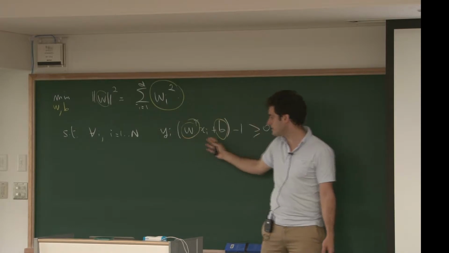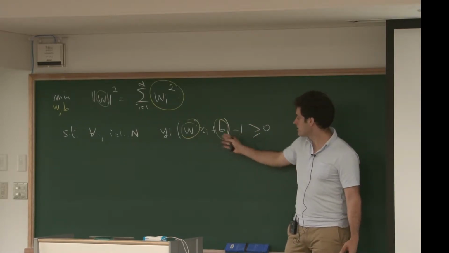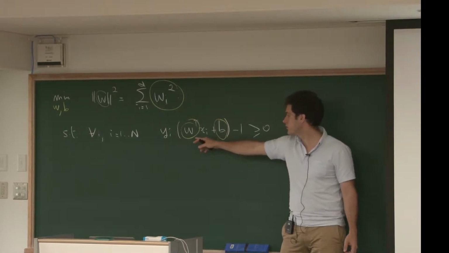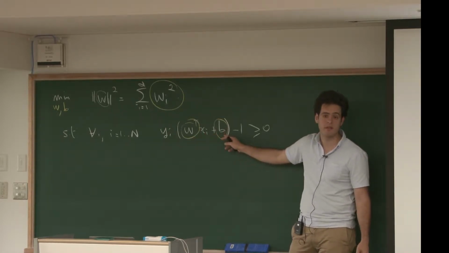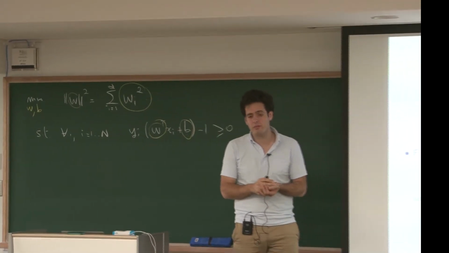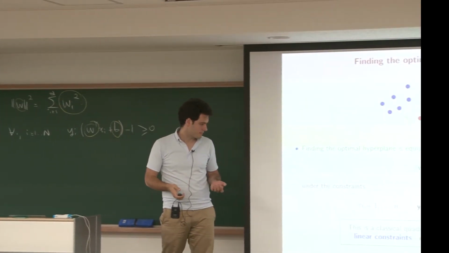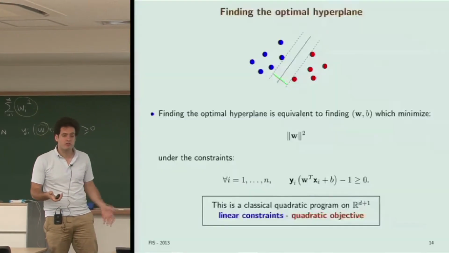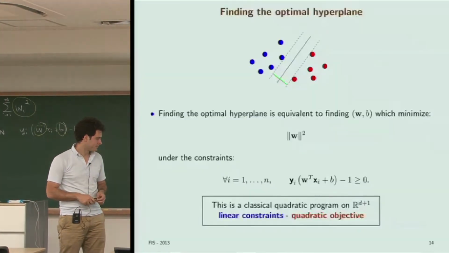And what can you say about the constraints? Well, this is a linear function of the wi's and of b. So this is a quadratic objective with linear constraints. So usually it's called a quadratic program.